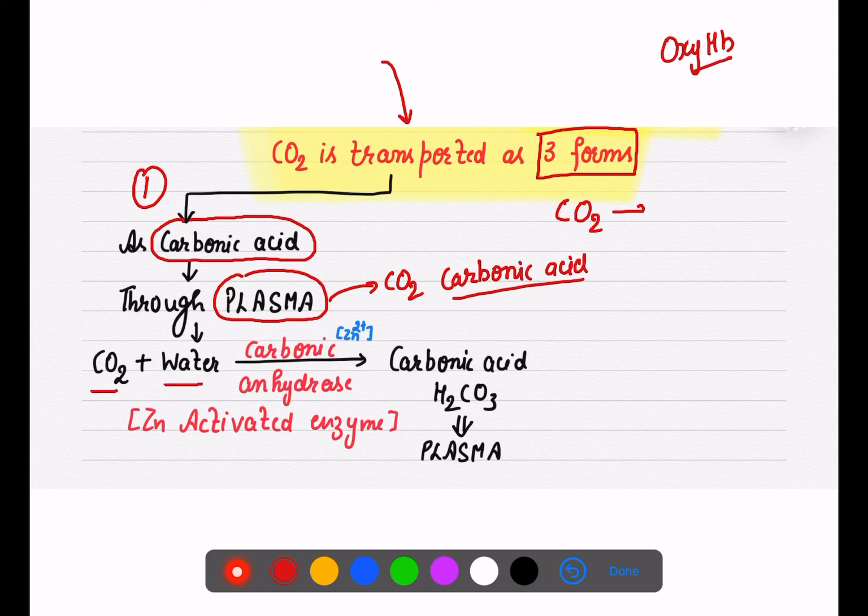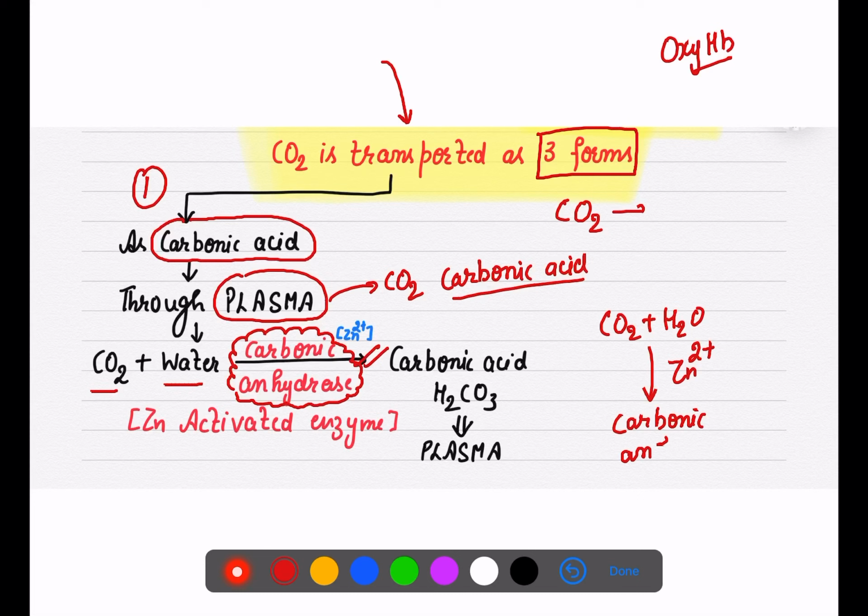CO2 reacts with water in the presence of the enzyme carbonic anhydrase. This is a zinc activated reaction, or you can say this enzyme is a zinc activated enzyme. The carbonic anhydrase works in the presence of zinc, and then carbonic acid is formed, which is H2CO3.